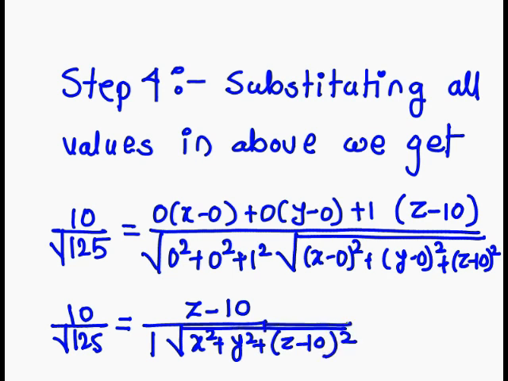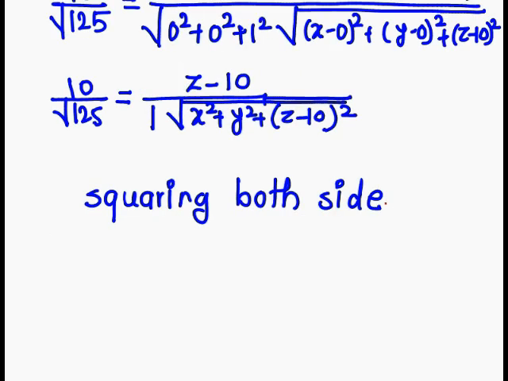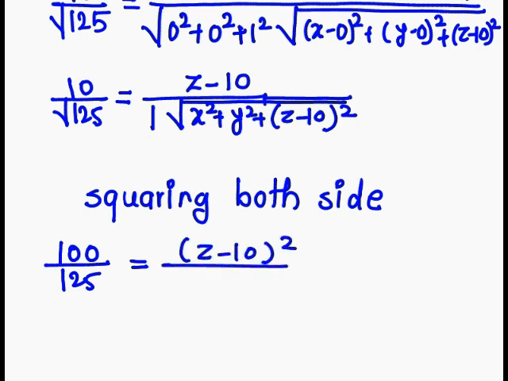Now to remove this square root, we square both sides. Squaring both sides, we get 100, that is the square of 10, divided by 125 is equal to z minus 10 square, and here the square root gets removed, so we get x square plus y square plus z minus 10 square.